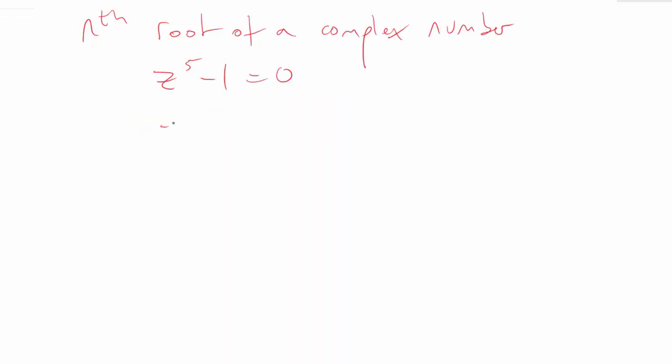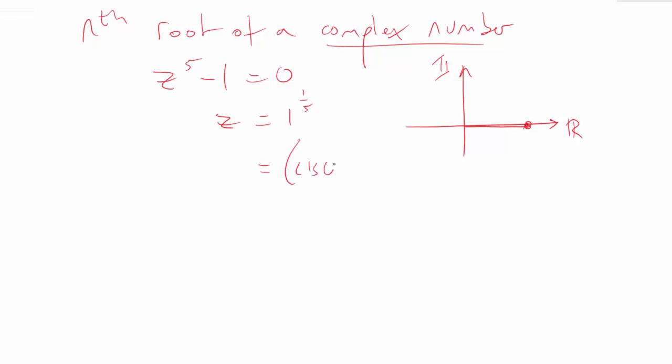Instead, we will rearrange this equation so that it reads z equals 1 to the fifth. Now, this procedure works for all complex numbers, but I'm going to do it for this very special complex number, 1. First of all, you must draw a little Argand diagram because it's essential you get the argument and modulus right. Now, obviously, 1 is a very simple case, which is just equal to cis of 0.